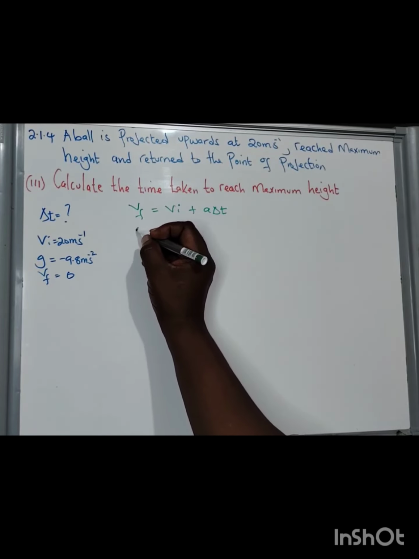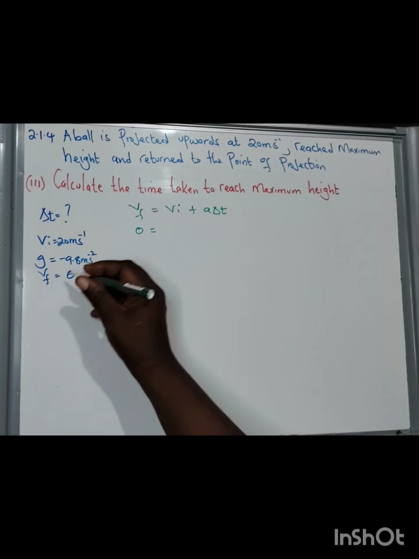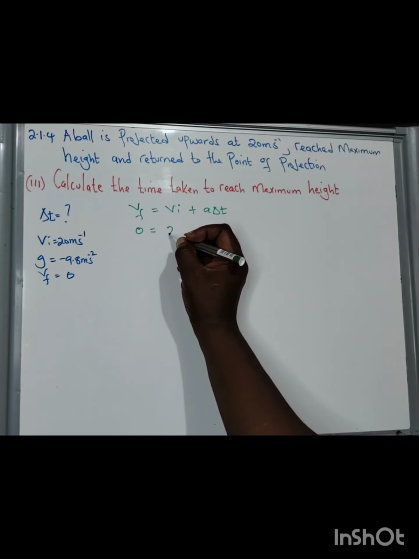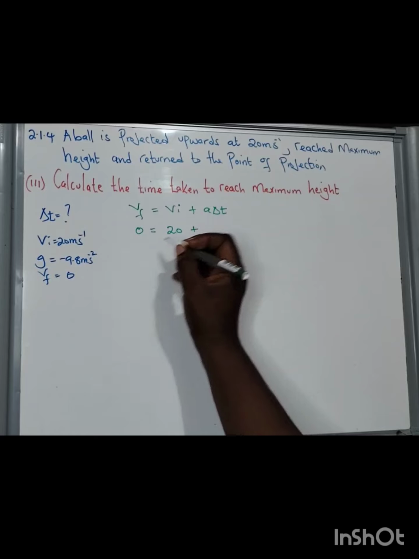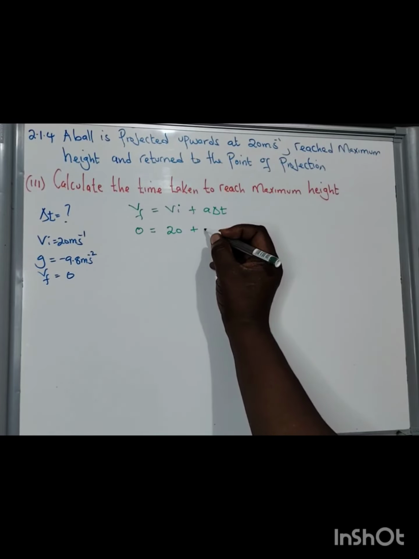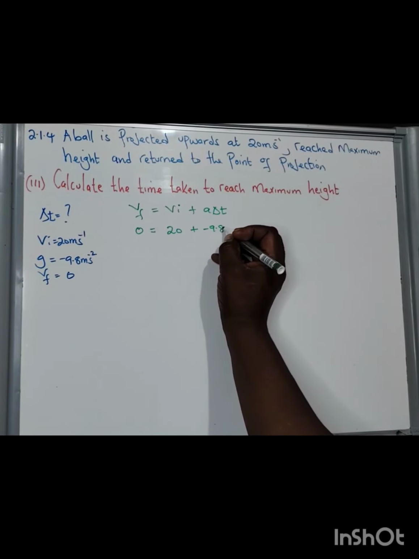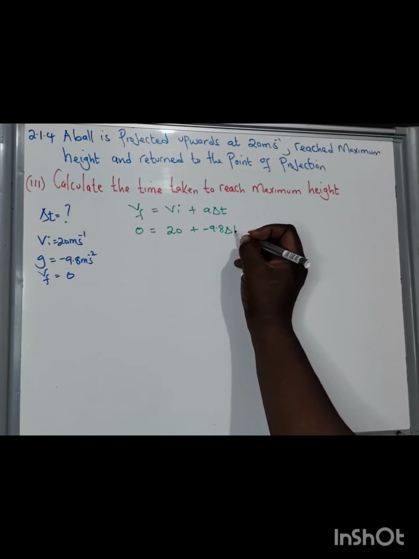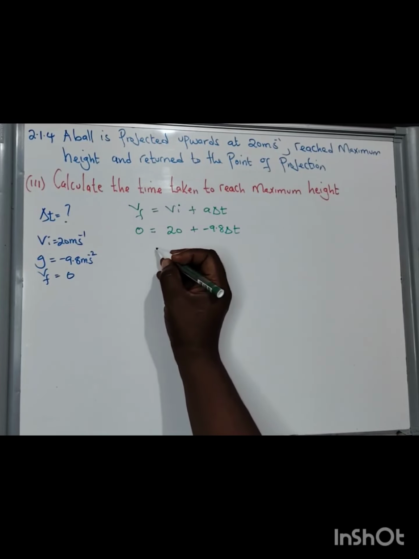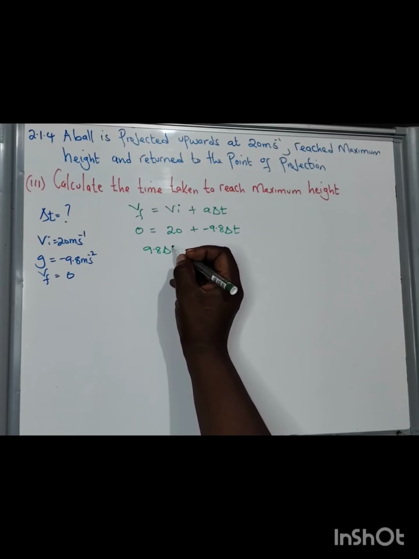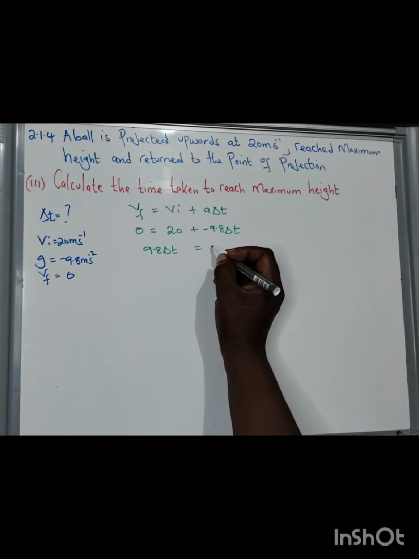What is VF? 0. What is VI? 20. A is negative 9.8, delta T. This gives you 9.8 delta T, which is equal to 20.